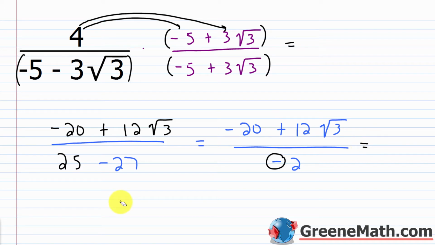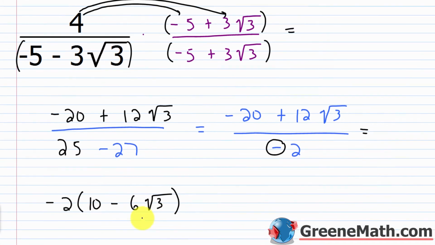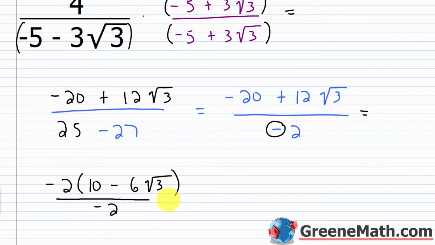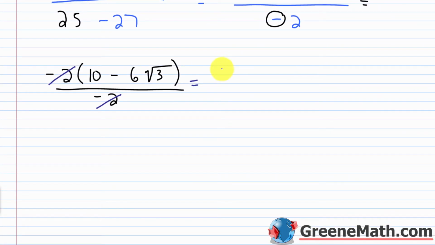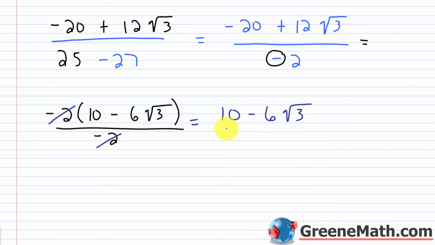If we factored out a negative 2, we'd have a negative 2 out in front. And then inside of parentheses, we'd have a positive 10 minus 6 times the square root of 3. And this is over negative 2. So what's going to happen is we're going to cancel this negative 2 with this negative 2. And we're left with our answer here. So this is going to simplify into 10 minus 6 times the square root of 3. Now, nothing else I can do to make that any simpler.